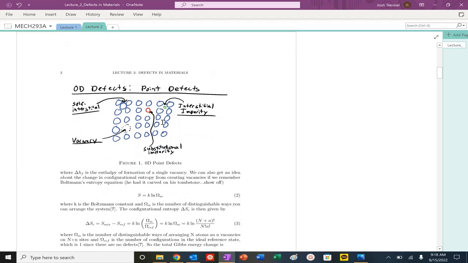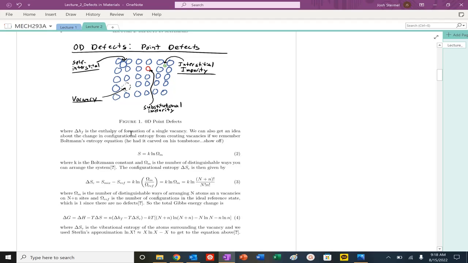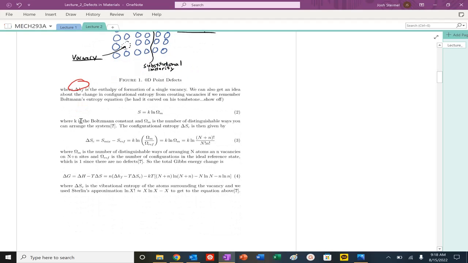I have to remove an atom from here and put it somewhere else, usually a self-interstitial spot or elsewhere. I have to put in enthalpy in order to form a vacancy.